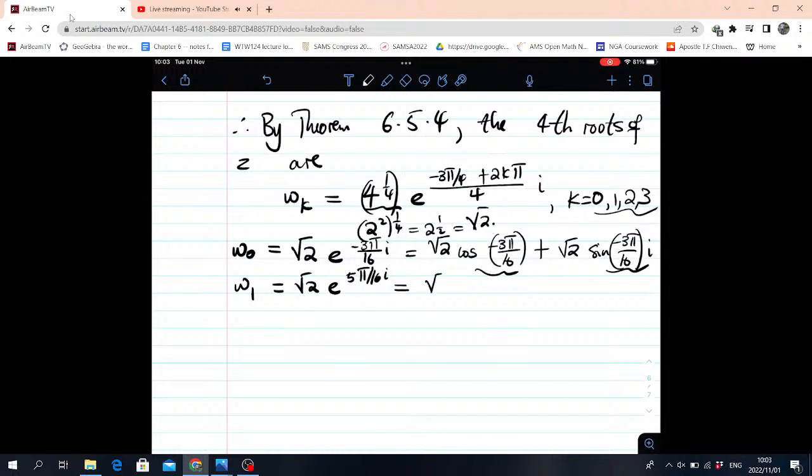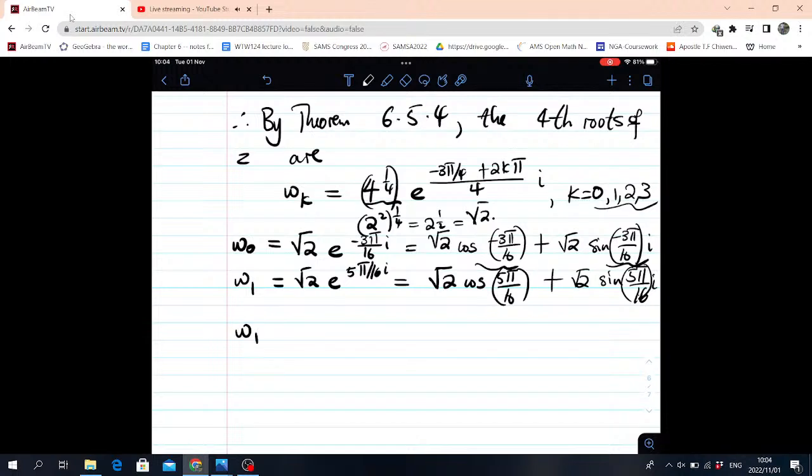which you can rewrite. I'll stop here. Well, maybe let me write the square root of 2 cos of 5 pi over 16 plus root 2 sine 5 pi over 16 i, like that, right? And then we go to the next complex number, which is the square root of 2 e to the, now when k is equal to 2, we are now saying 4 pi, which is 16 pi minus 3 pi over 4, which is 13 pi.